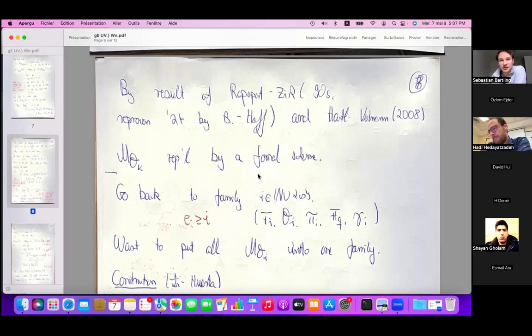In general, the answer is I don't know. But in this unitary situation, the answer is yes. At least there, we prove it. If you have this unitary object for the fiber at infinity, you can always lift it to a family. In this situation, up to isogeny, there's just one.